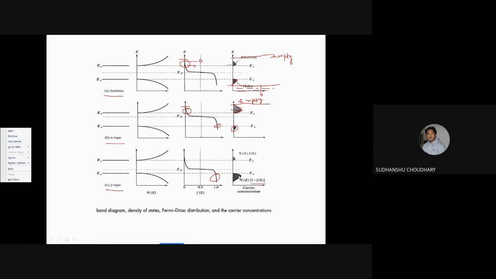The 1 minus Fe factor gives me more holes, and obviously this hole concentration will reduce as you go down the energy levels, because the Fermi function is becoming flat, Fe is becoming zero, so 1 minus Fe will become zero maybe at this point. And then of course lower energy states will be occupied by electrons.